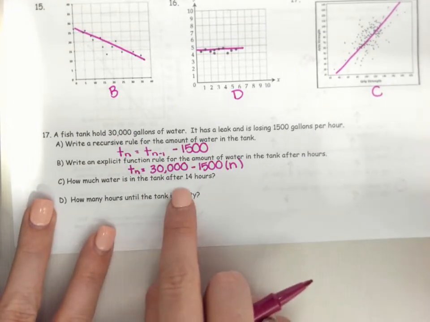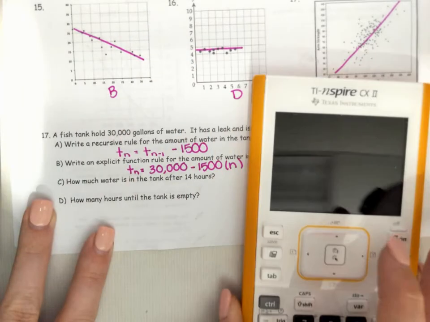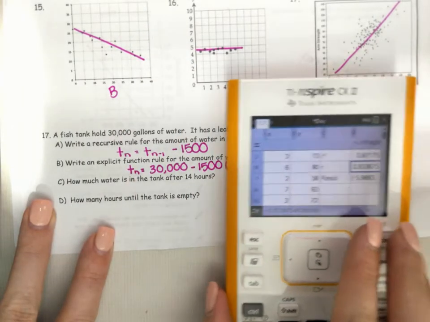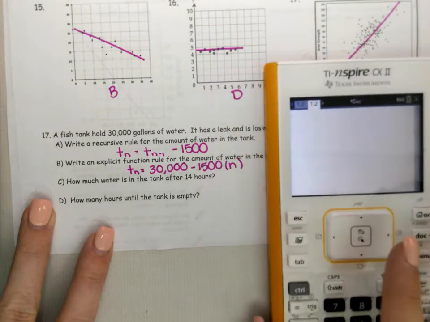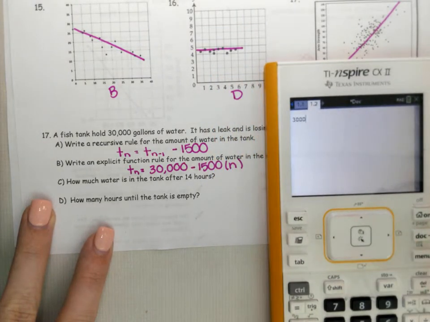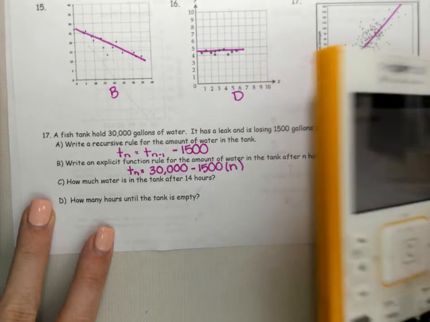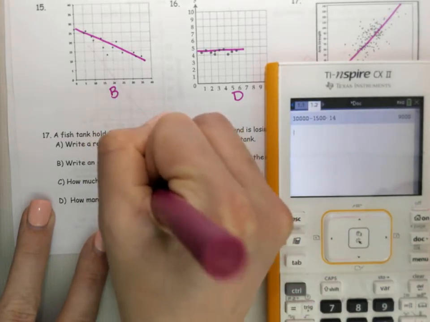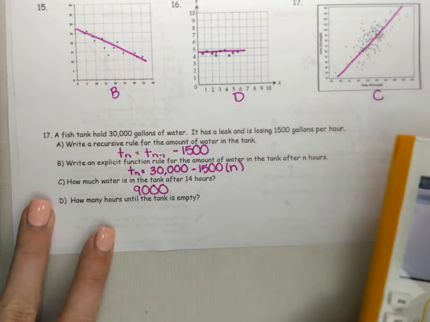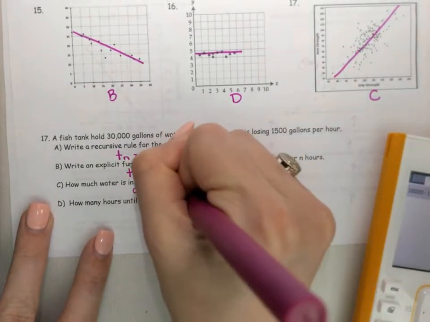How much water is in the tank after 14 hours? There are two ways I can do this on my calculator. I can just go to the calculate screen and type 30,000 minus 1,500 parentheses, and since it wants 14, I put 14. So there's 9,000 gallons.